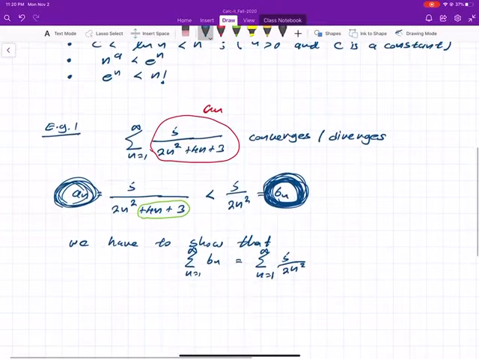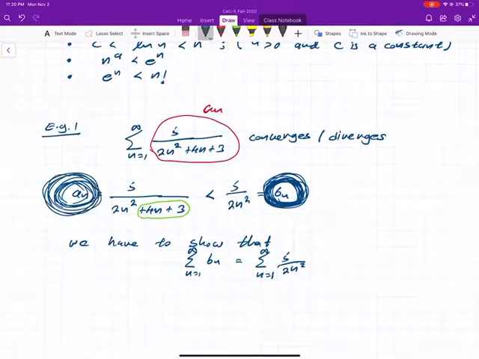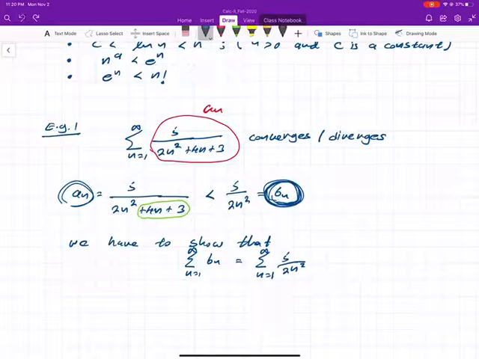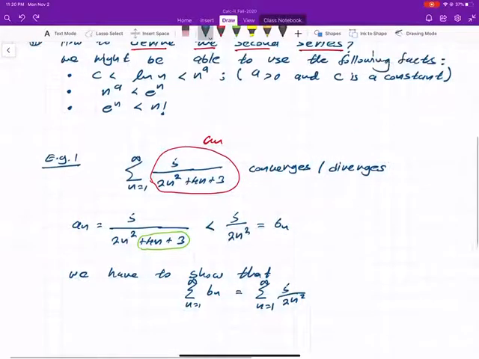If this one is divergent, that is divergent. If this one is convergent, you can't tell anything about that. So that's how it works. That is the given theorem.